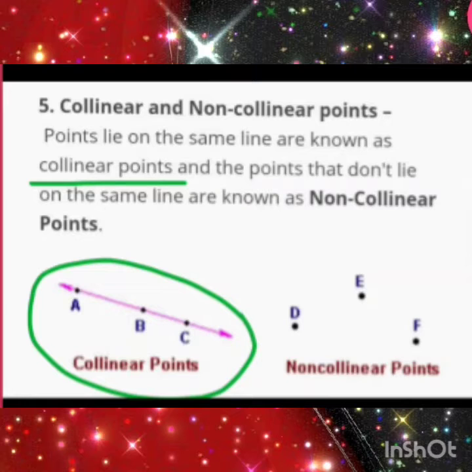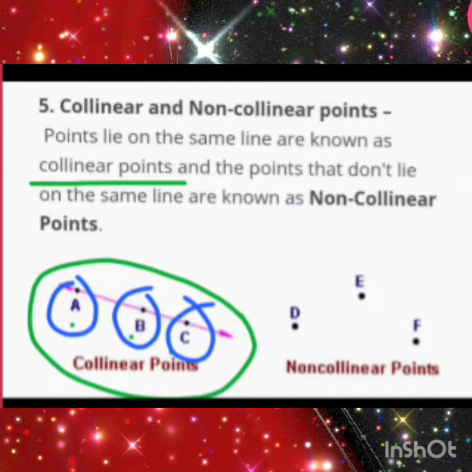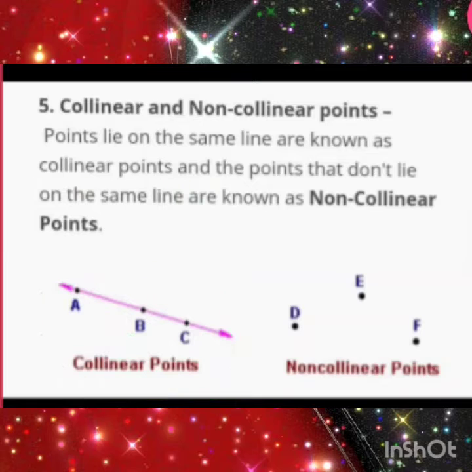Here you can find point A, point B and point C. All three points lie on the same line, that's why they are called collinear points. Simple. And if they don't lie on the same line, then in such a case they are called non-collinear points.